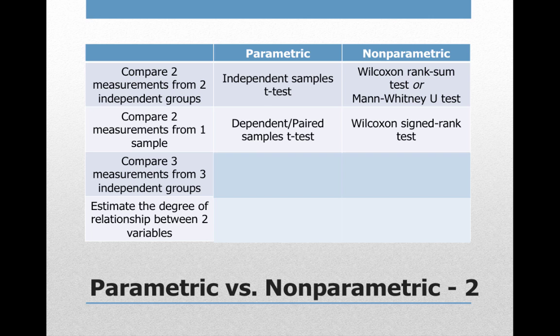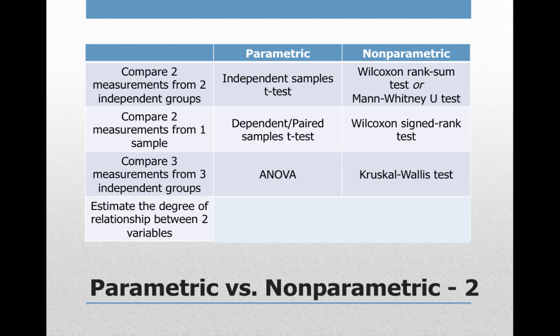When we're comparing three different groups on three different measurements, what test are we doing? What parametric test are we doing? This is our ANOVA test. And so the non-parametric test to the ANOVA is the Kruskal-Wallis test.